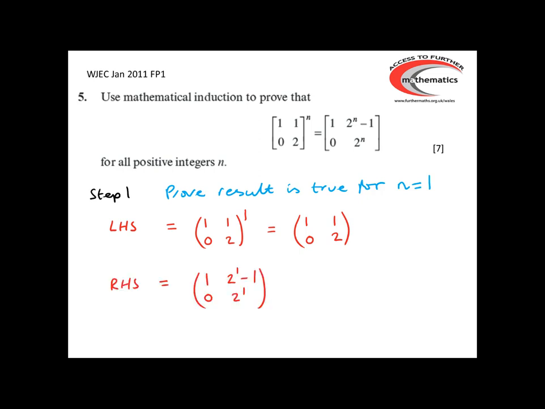On the other hand, the right-hand side of the result, when n equals 1, reads (1, 2^1 - 1; 0, 2^1). And we simply need to remember that 2^1 is equal to 2, to deduce that the right-hand side is equal to (1, 1; 0, 2). So we can see the left-hand side of the result is the same as the right-hand side when n equals 1, so the result is most certainly true when n equals 1.